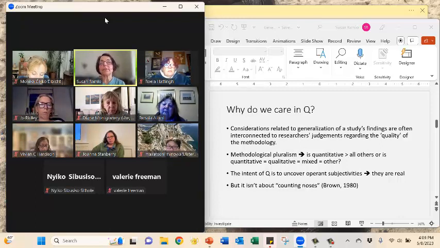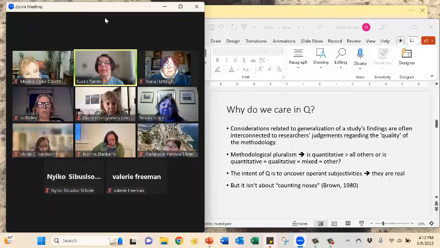The idea that there's only statistical inference and statistical generalizability really puts quantitative in a position that is greater and more important, and better than any other kind of research, qualitative or mixed or other.